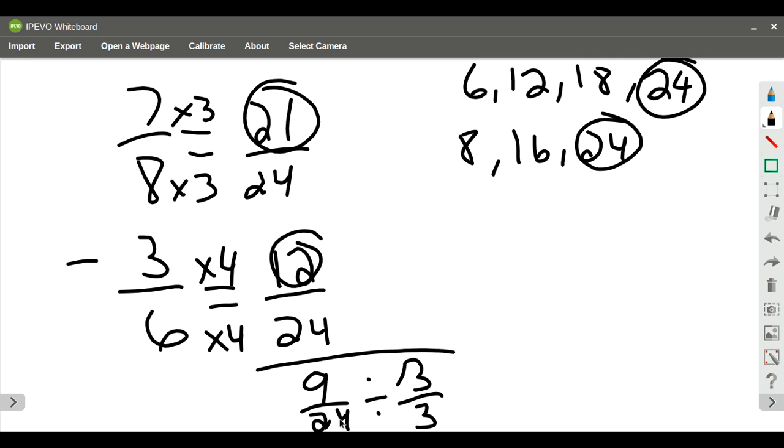So if I add 2 plus 4, I get 6. 6 is a multiple of 3, which means 24 is divisible by 3. So by adding the digits together and then seeing if it's a multiple of 3, I can check and see if it's divisible by 3. It is. So when I divide by 3, I end up with 3 eighths as my answer.